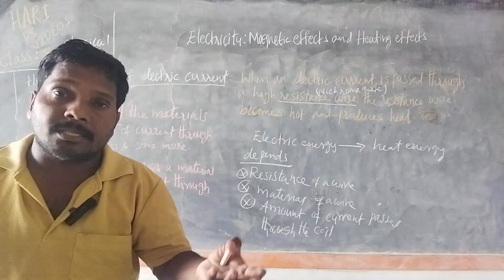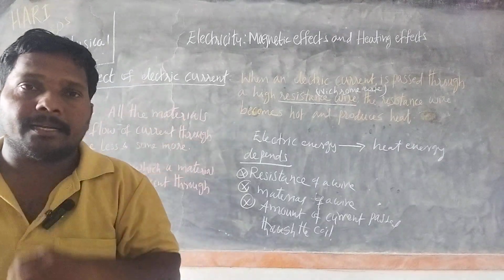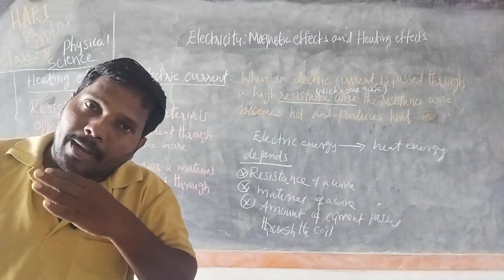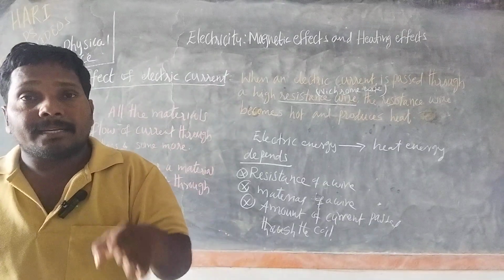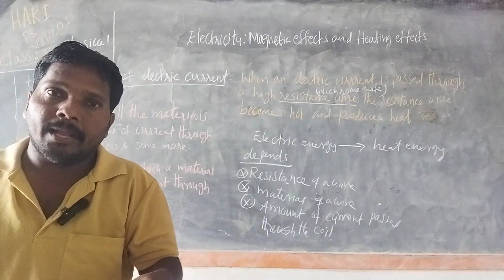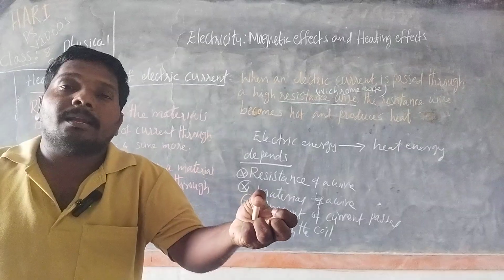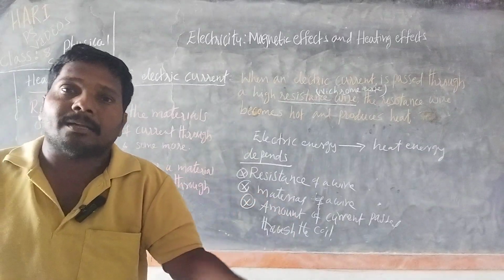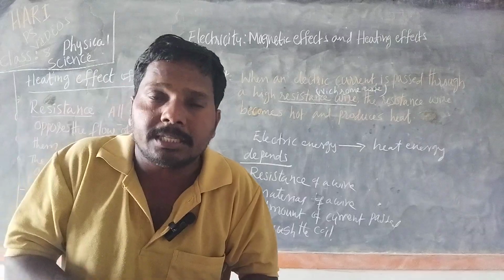It has more resistance to oppose the passing electric current. So we should pass more current to produce heat energy. Due to the high resistance of nichrome wire, more electrical energy is converted into heat energy, so a huge amount of heat energy is produced.